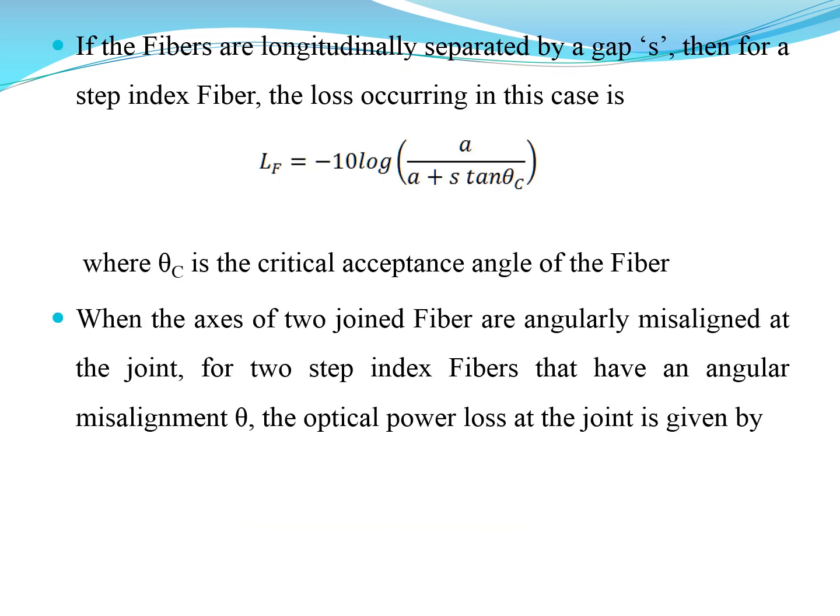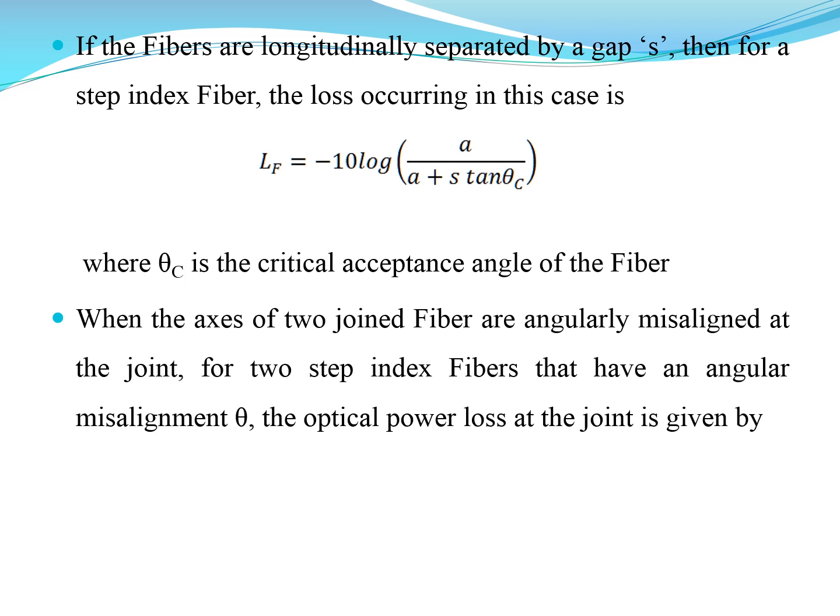Then if the fibers are longitudinally separated by a gap S, then for a step index fiber the loss is given by LF equal to minus 10 log of (A by (A plus S tan theta C)), where theta C is the critical acceptance angle of the fiber. So this is the fiber loss if I consider the misalignment is longitudinal. So longitudinal separation is the misalignment we consider here.